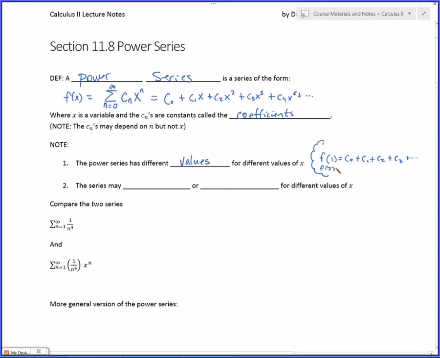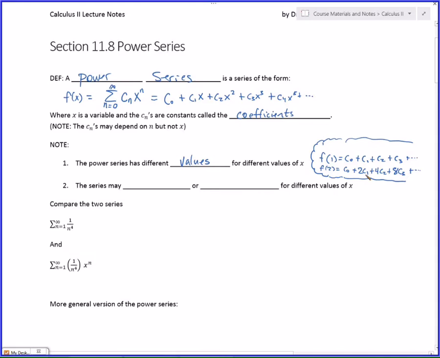F of 2 would be c0 plus 2c1 plus 4c2 plus, that's 2 to the first, 2 to the second, 2 to the third, c3, and so on. So notice, whatever value you plug in for x will change which series you're talking about.